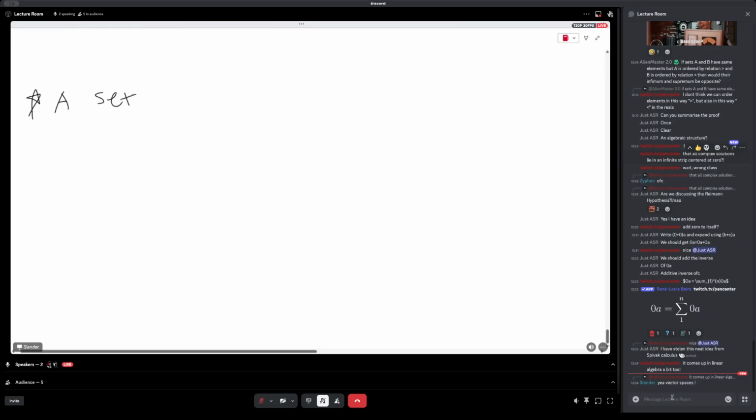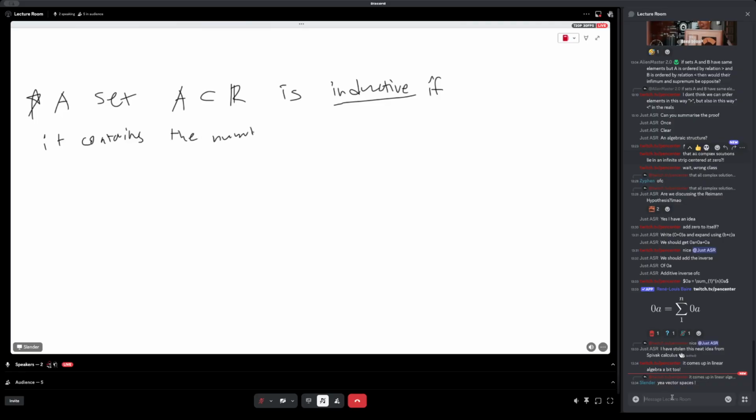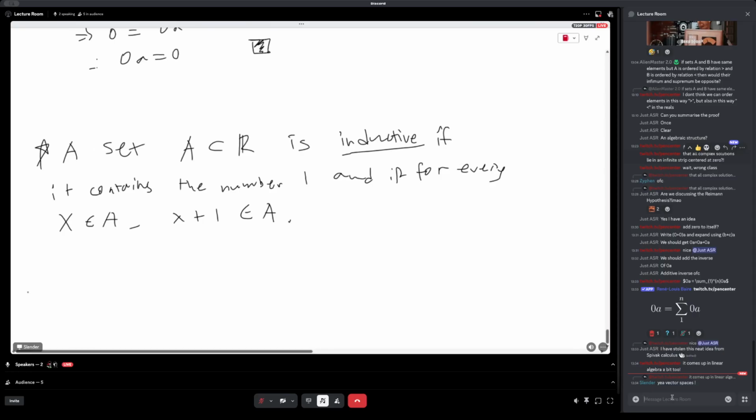So a subset A of R is inductive if it contains the number 1, and if for every x in A, x plus 1 is also in A. So this is what an inductive set definition is.